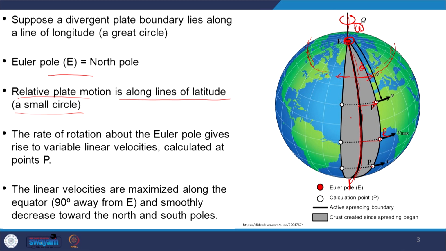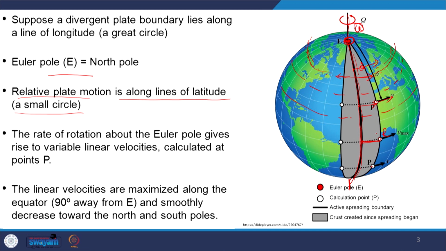Different points are rotating and creating small circles, and this rate of rotation about this Euler's pole gives the variable linear velocities calculated at point P. So, these are the linear velocities, that means how much distance P will move, how much distance Q will move and how much distance R will move.